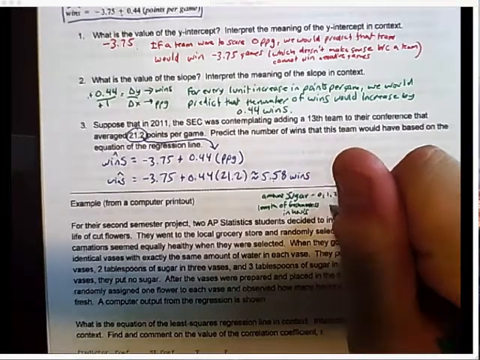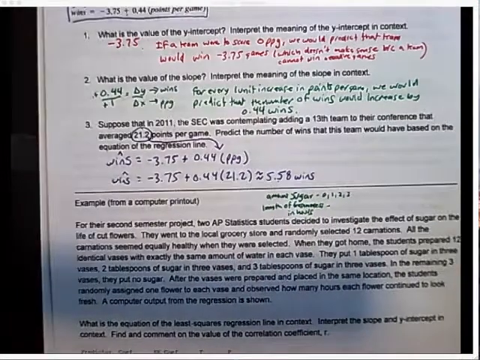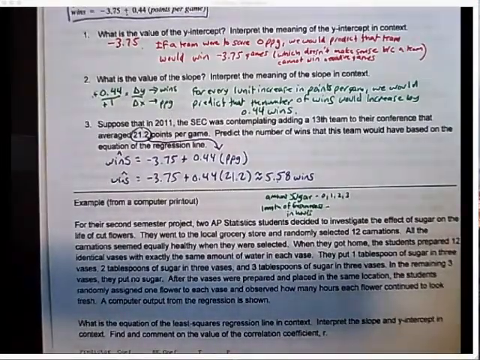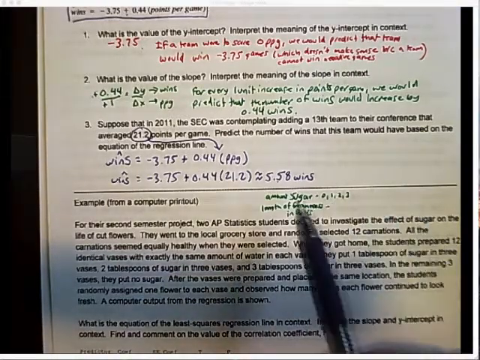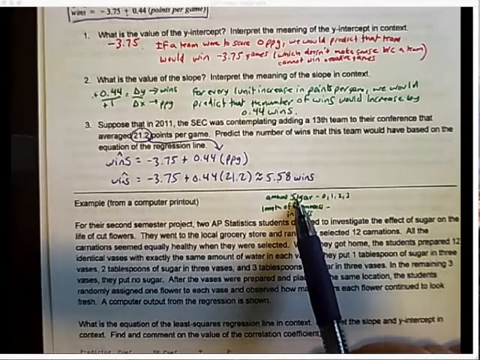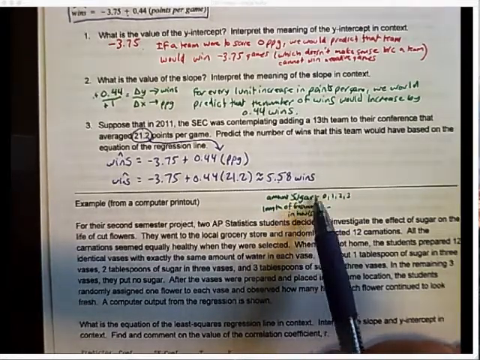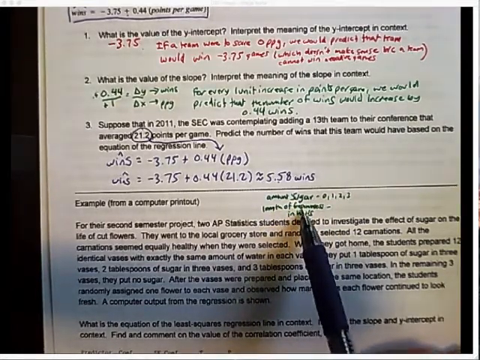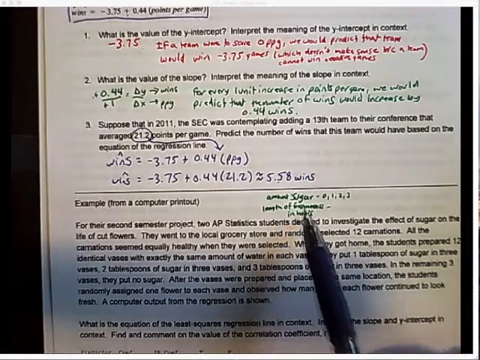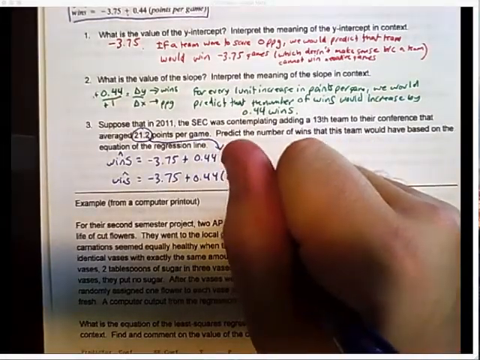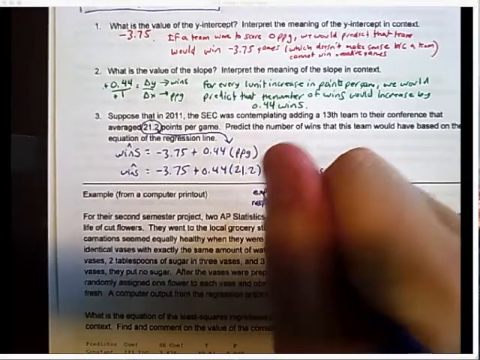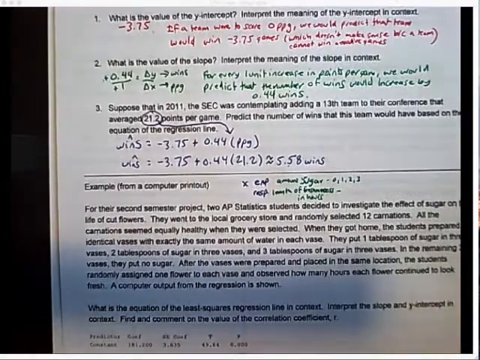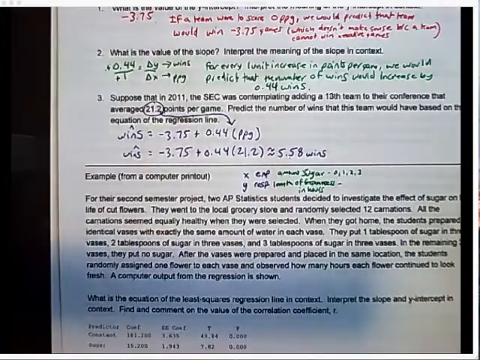So let's figure out which one of these would go on the x-axis and which one would go on the y-axis. Which one predicts the other? I think that the amount of sugar that we put in the vase explains how long the flowers are going to look fresh. So this is going to be the explanatory variable, and this is going to be the response variable. So we would put that on the x-axis, and this on the y-axis.